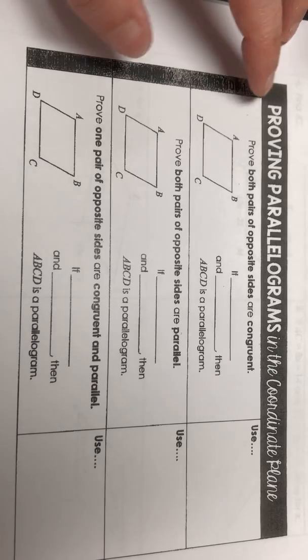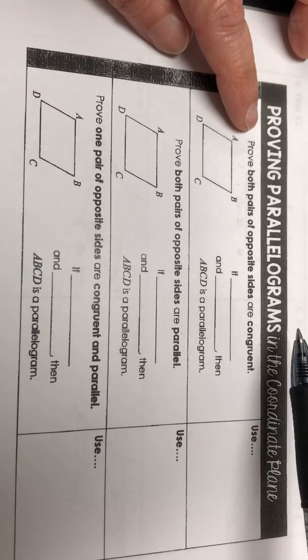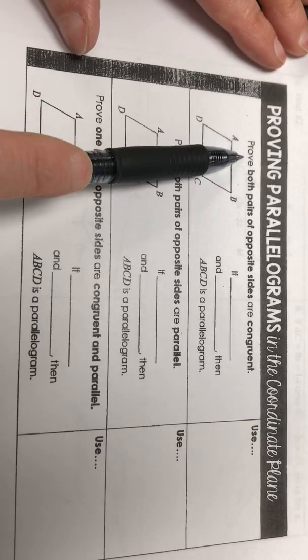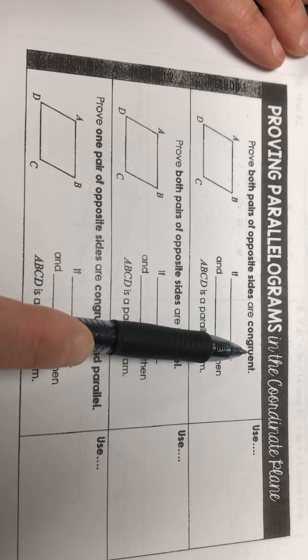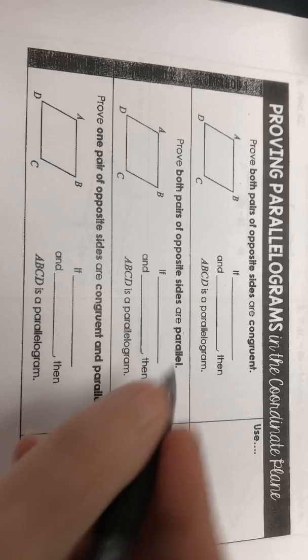Okay, we have 3 different ways to prove that something is a parallelogram. First way: you can prove it's a parallelogram if both pairs of opposite sides are congruent. Notice it has to be both pairs of opposite sides.